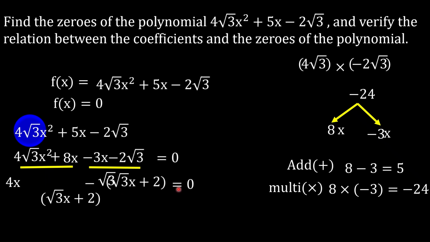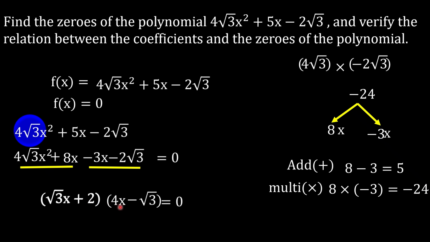Now, root 3 x plus 2 is common in both the terms. So we take out the common term, and the leftover is 4x minus root 3. So root 3 x plus 2 and 4x minus root 3 are factors of the given quadratic equation.